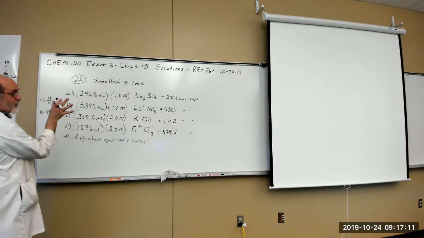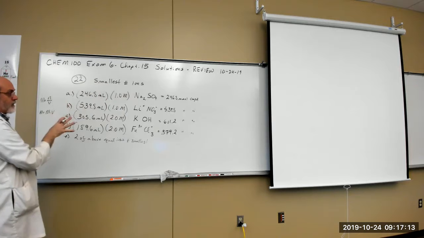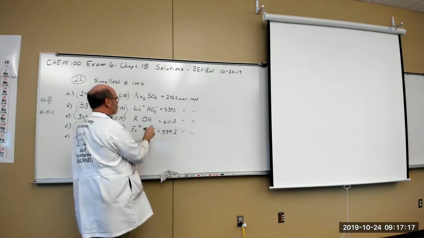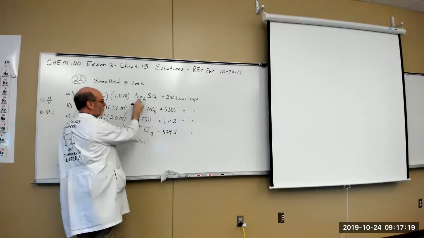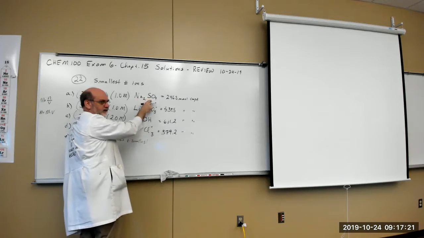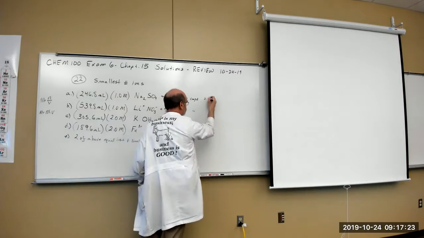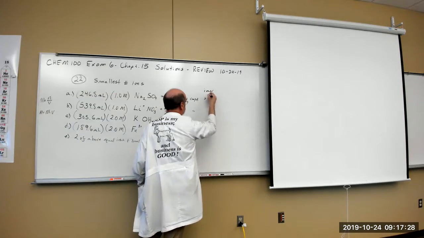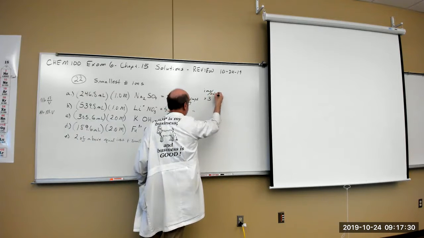Okay, so that's only the amount of compound. How many ions, right? So how many ions does this compound produce? 1, 2, 3. So this is ions per mole of compound.